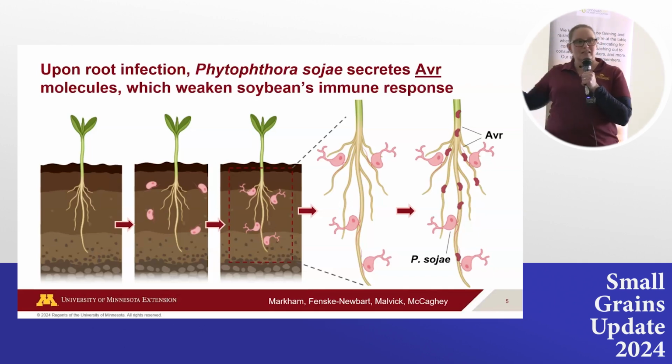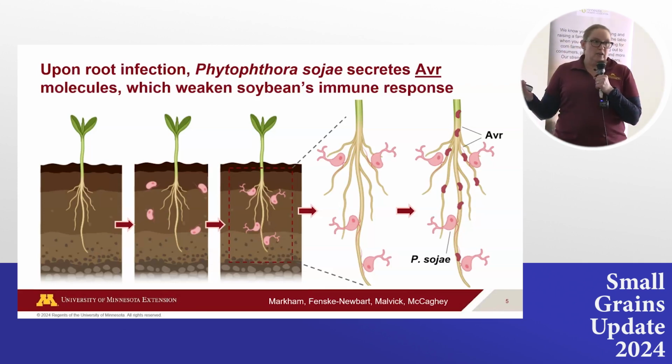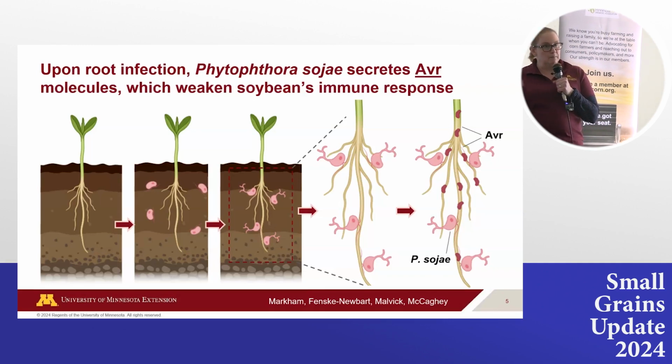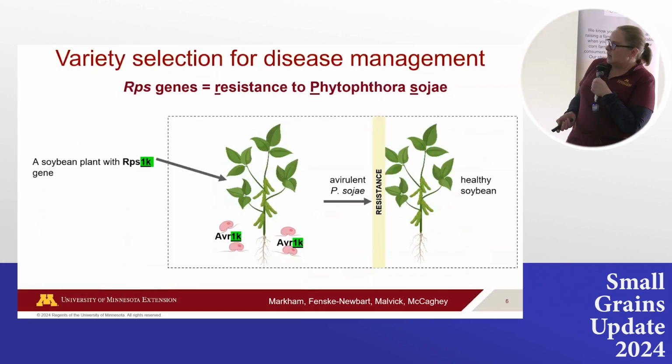Bear with me, this is kind of complicated, but I think it'll make sense with these cartoons. Pictures always help me. So these AVR proteins make it so that the pathogen can go in undetected. It sort of shuts down parts of the soybean's immune system so that disease occurs.